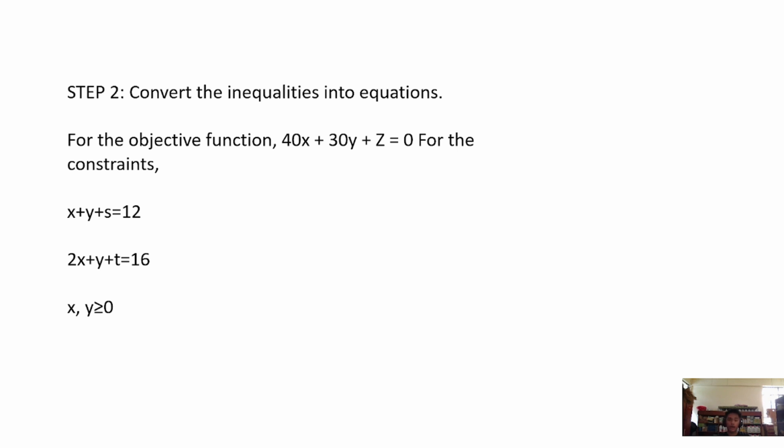For the objective function, negative 40x plus negative 30y plus z equals 0. For the constraints, x plus y plus s equals 12, 2x plus y plus t equals 16, and x, y is greater than or equal to 0.